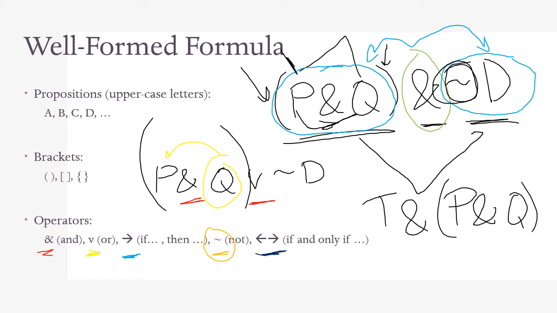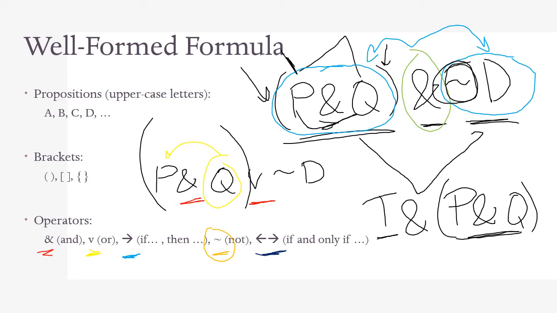And this will get a little bit more elaborate, but this is now considered a single term because we grouped them up, and this is a single term because it's by itself. As we go through these translations, this will make a little bit more sense, but I just wanted to give you the idea of what's part of a well-formed formula.